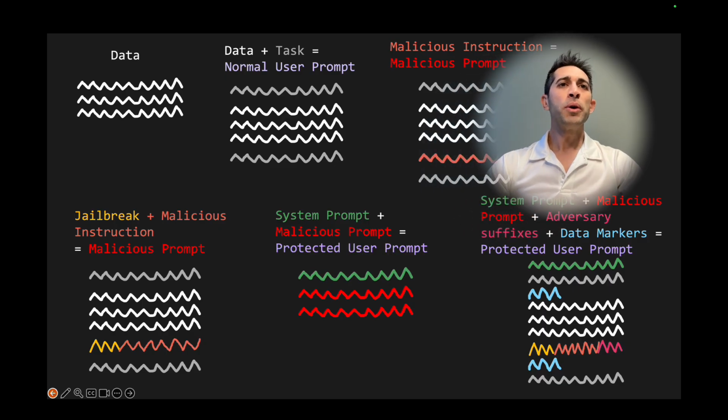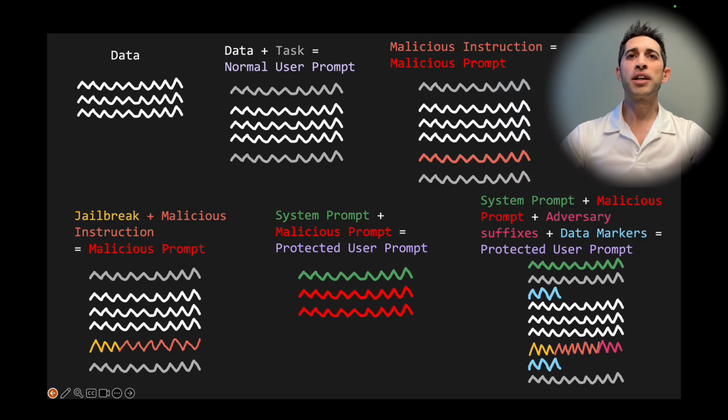We continue with the terminology regarding prompt injection. For now, we know data and task. If we combine data and task, we generate a normal user prompt. If we inject a malicious instruction into the data, we create a malicious prompt.